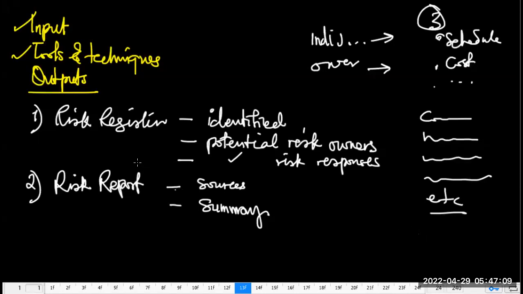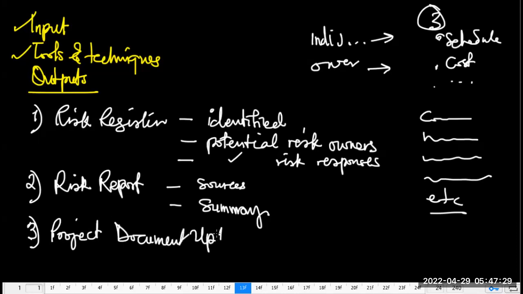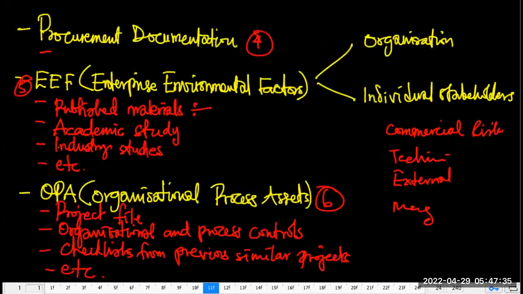Right. So other than the risk register and the risk report, there is another very important output, which is project document updates. Now you need to go back to the project documents. What are some of the project documents we saw under identify risk?